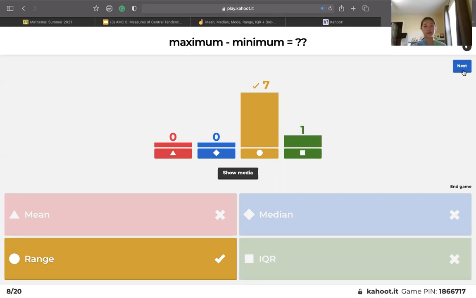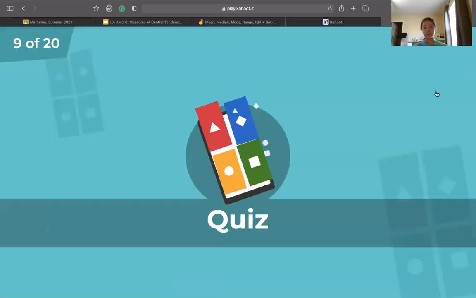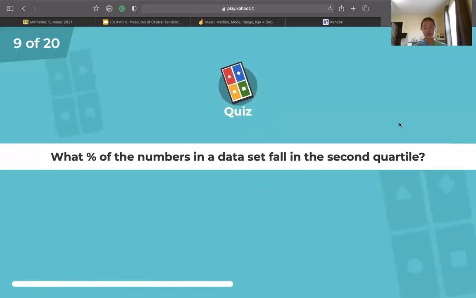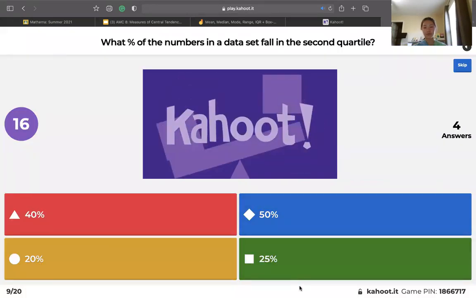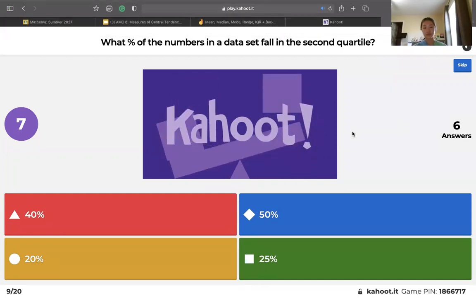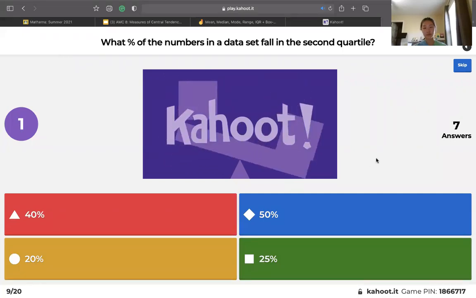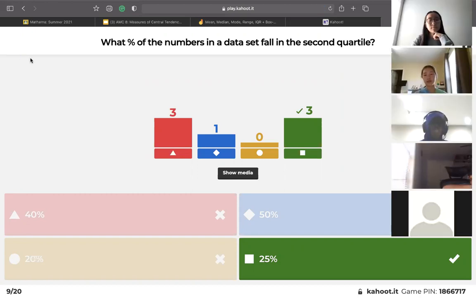So good job. The maximum minus the minimum is indeed the range. Okay, so when we're talking about first, second, third, and fourth quartiles, those aren't the lower and upper ones.